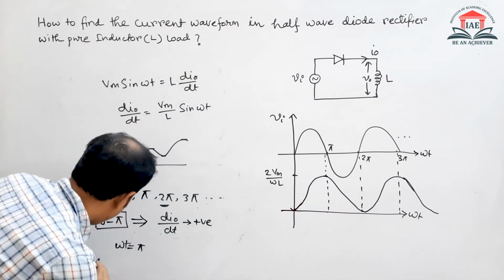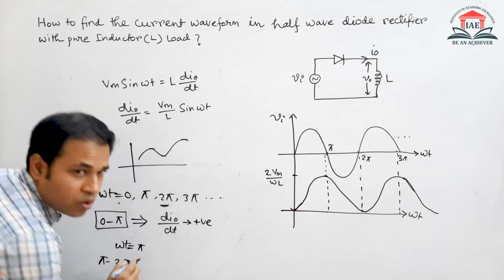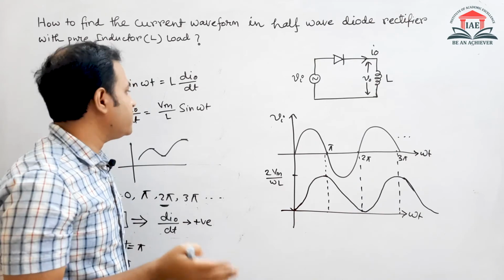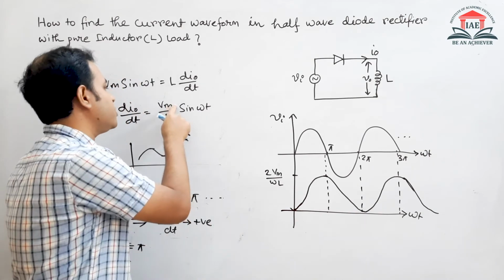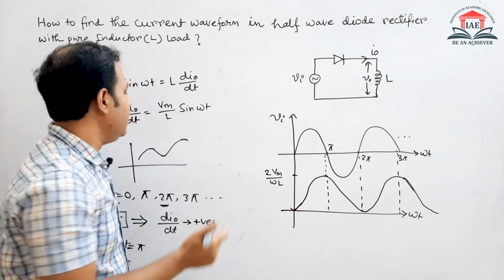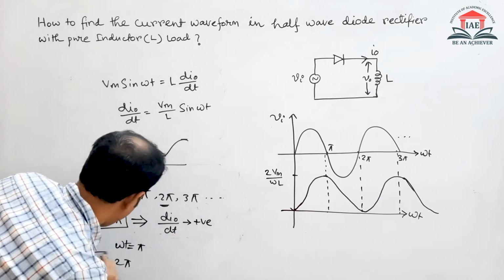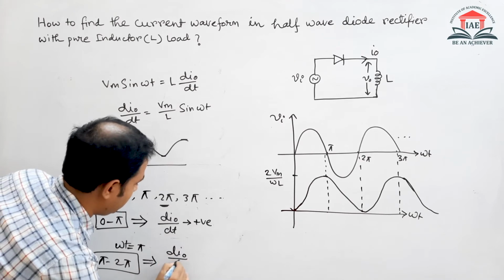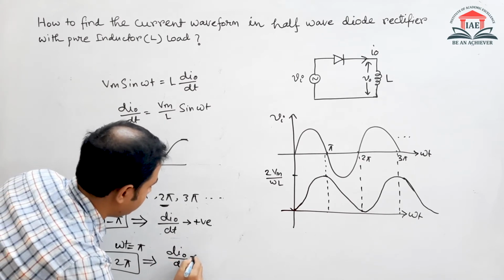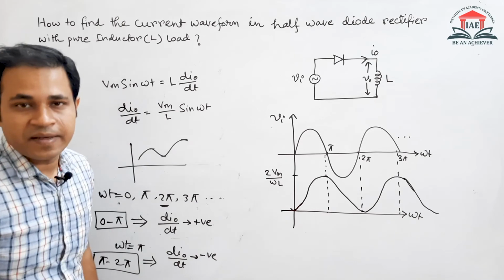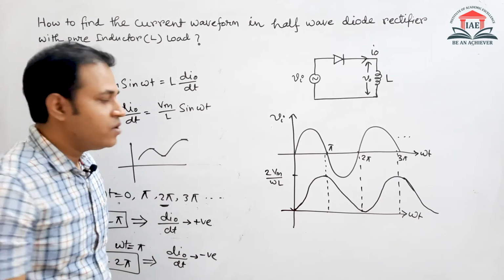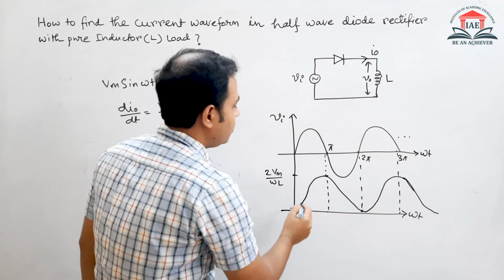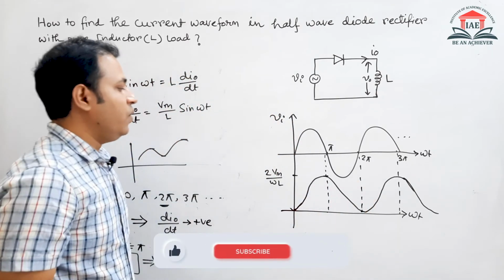Then from pi to 2 pi, we see that sin omega t is negative, Vm is a positive quantity, L is a positive quantity, then in this range di0 dt, the slope, is negative. Now if the slope is negative, it will fall from its maxima to this minima. So we get this sort of current waveform.